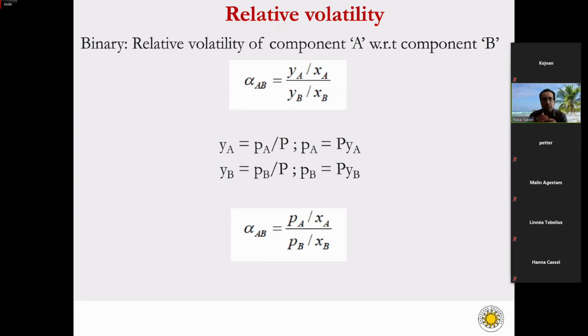Since we know that relative volatility depends on the partial pressures or the volatility of individual components, we can also write relative volatility in terms of their fractions in the vapor phase and in the liquid phase. We can also write the relative volatility of two components in terms of partial pressures: partial pressure with their mole fraction in the liquid phase, and the partial pressure of any different component, like Pa or Pb, with respect to their mole fractions.